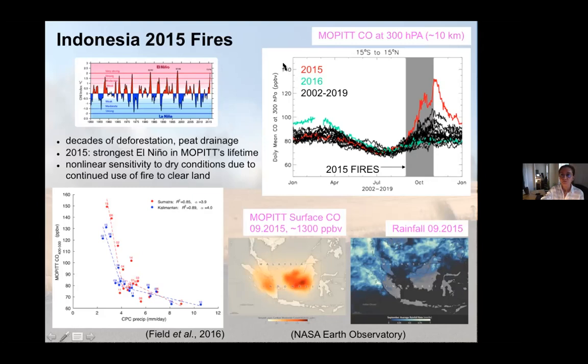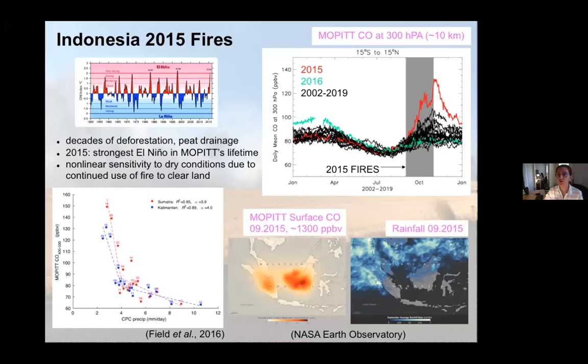So here in the upper right, let me go through this one a little bit carefully. Each line shows daily CO from MOPITT calculated for a latitudinal band between 15 south and 15 north for all longitudes. So it's an average.